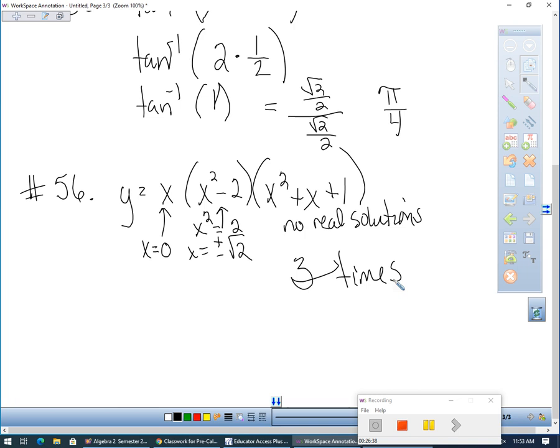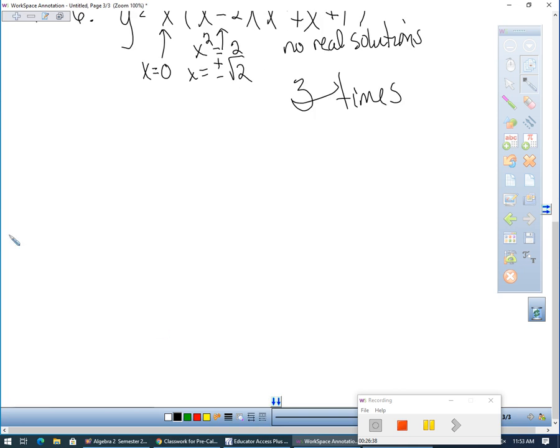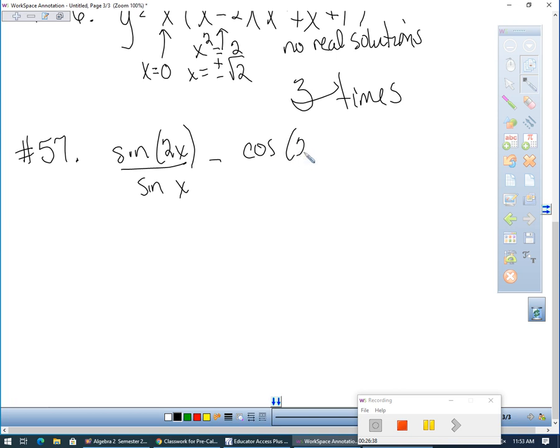All right, number 57. On number 57, we have the sine at 2x over sine minus the cosine at 2x over cosine. All right, and we want to simplify this, right? So we're going to start by changing out this double angle formula.